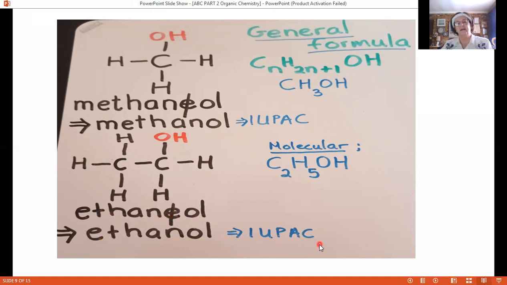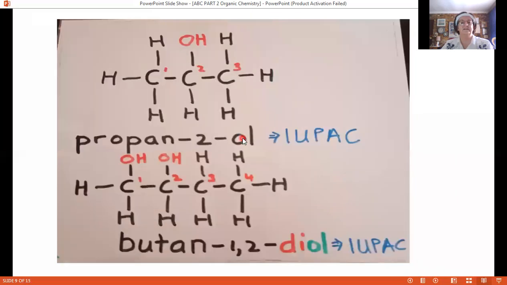So the IUPAC name will then be ethanol. You can also see the molecular formula: next carbon from 1 to 2 carbons, it's 5 hydrogens. So there's a difference of 2 hydrogens, OH. So this also forms a homologous series.